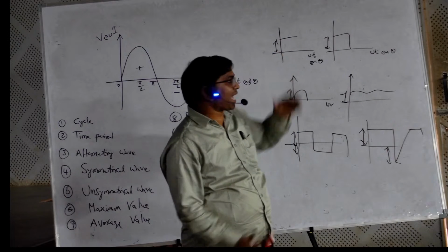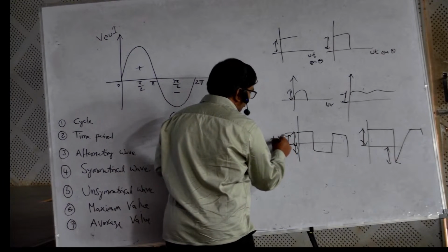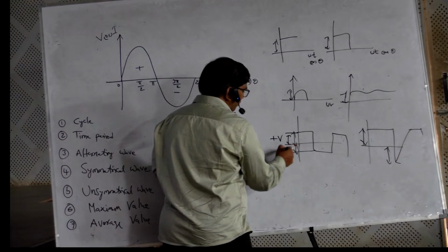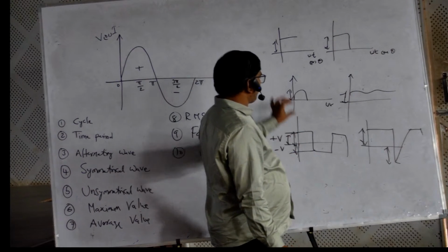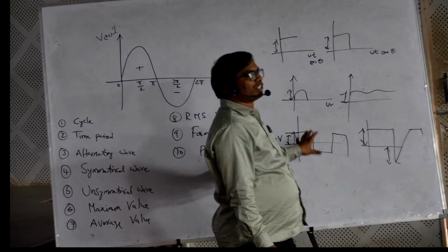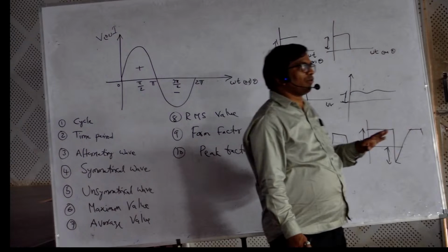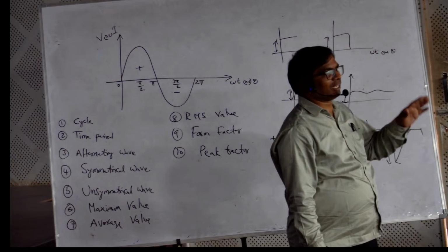Here we have some positive magnitude, and here the same magnitude negative. A wave consisting of positive and negative values is known as an alternating wave.